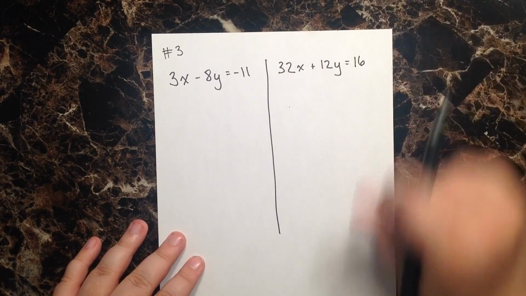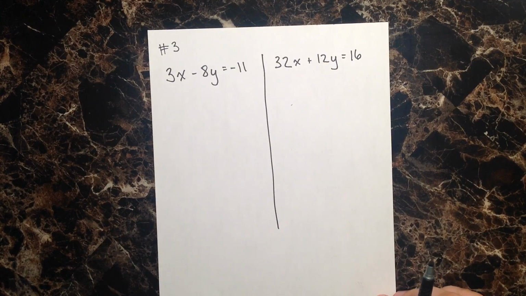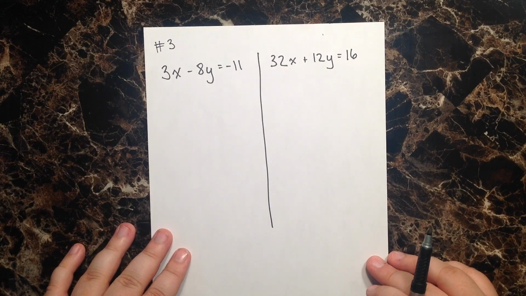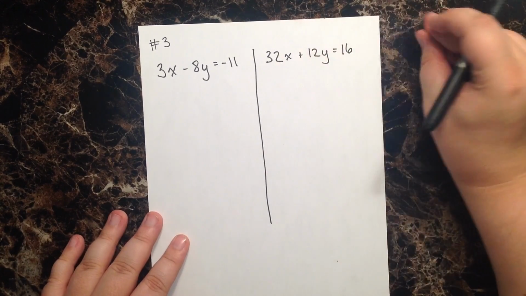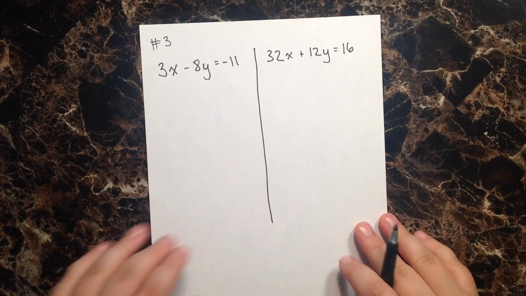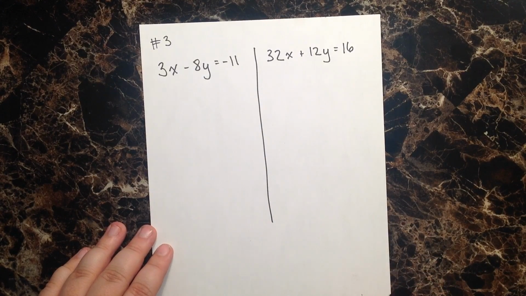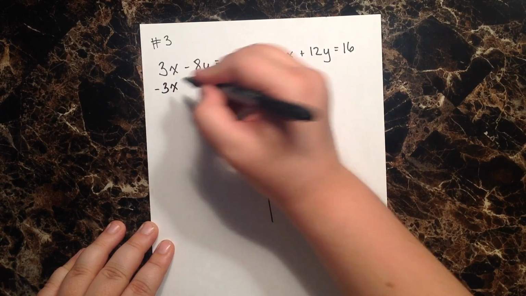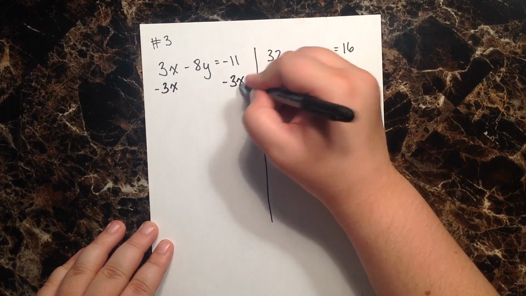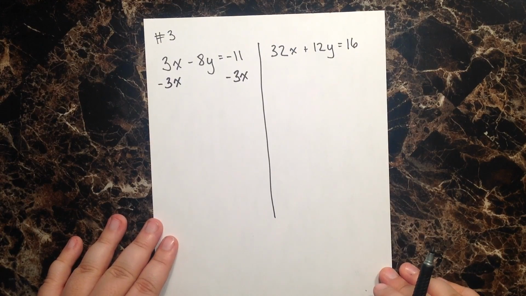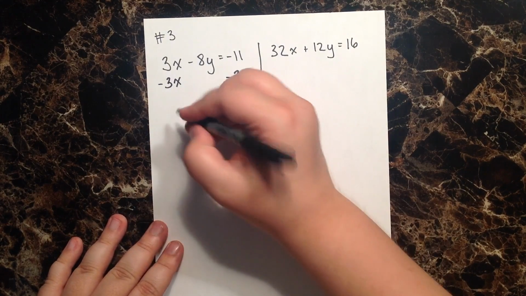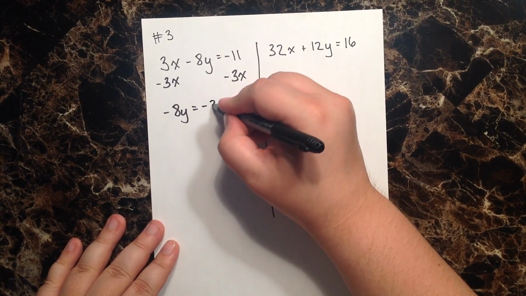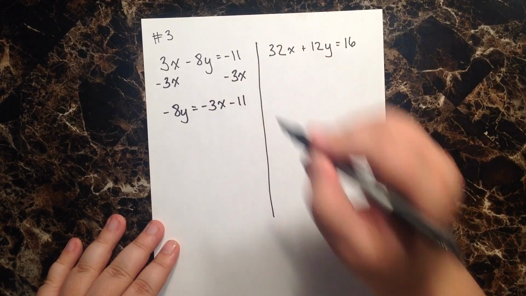So let's take these two given lines, solve for y, put them in slope-intercept form, and take a look at their slopes. Let's work with the first equation and start by subtracting 3x from both sides. We're left with negative 8y equals negative 3x minus 11.